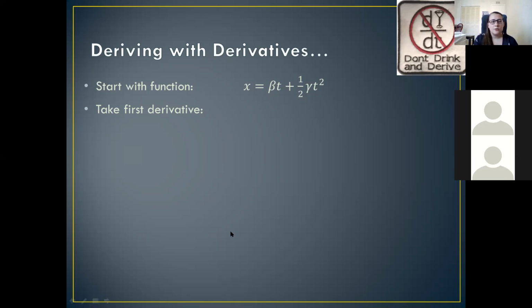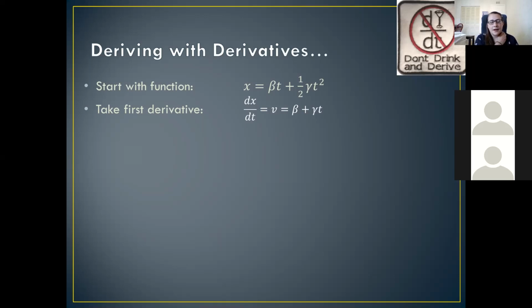Okay, so our first derivative, I see an answer there in the chat. Great job. Our first derivative, so again, this notation here, dx over dt, is our notation for taking the derivative with respect to time. So the derivative of x with respect to time is velocity, and that would be beta plus gamma t.